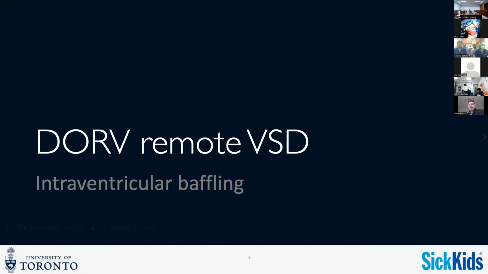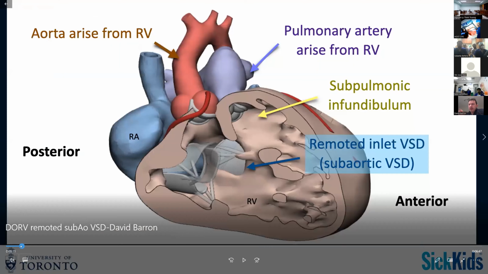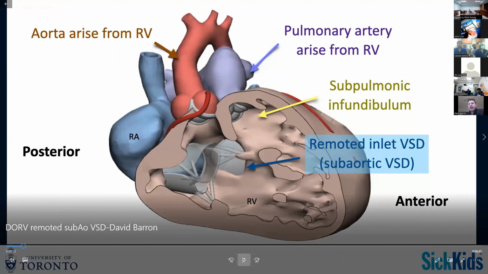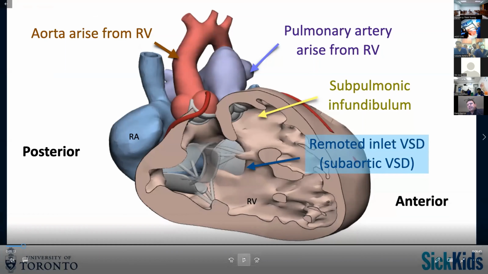You can see it on the PDF model, the very inlet type of VSD. You can see the medial papillary muscle of Lancisi, which is really a Stradner defect. So it's both inlet and outlet, but predominantly inlet.